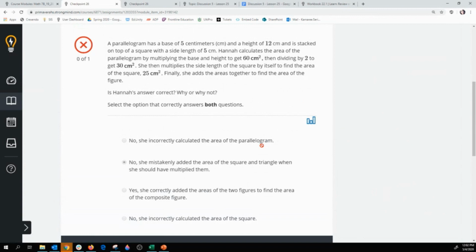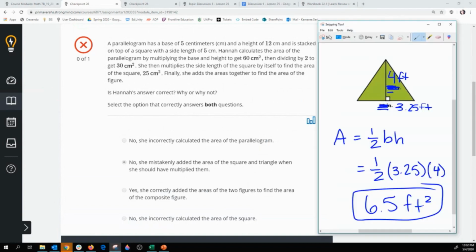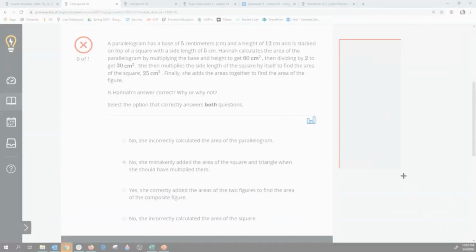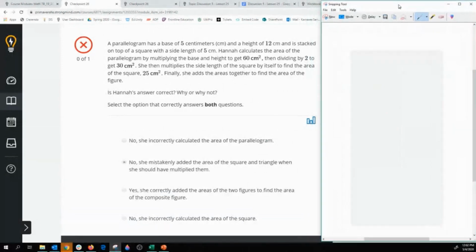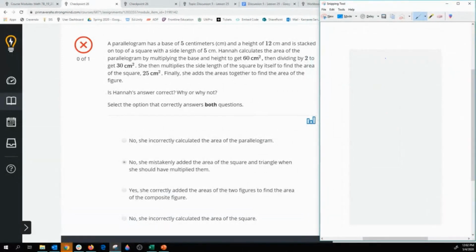So we need to figure out if what Hannah did to solve this is correct. So this parallelogram has a base of 5 and a height of 12.